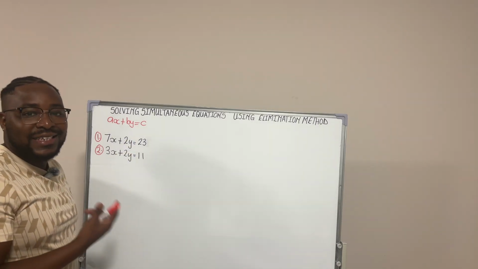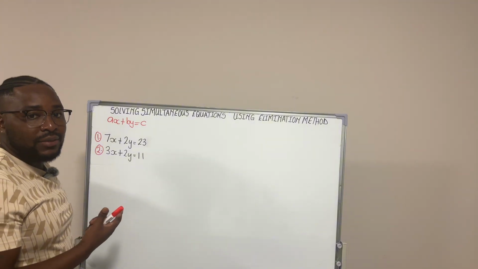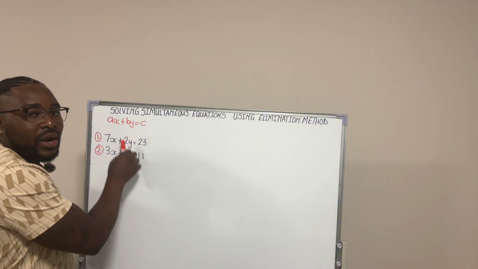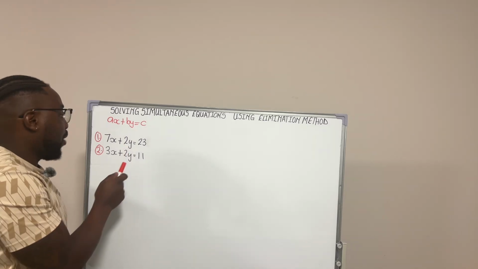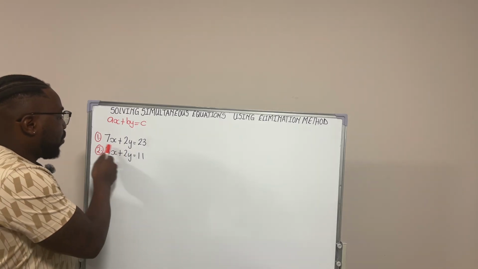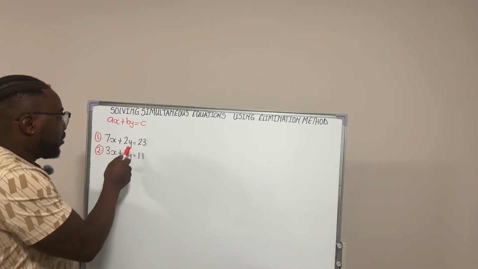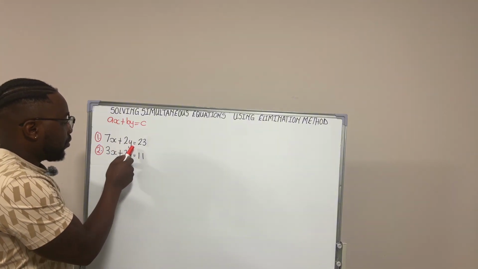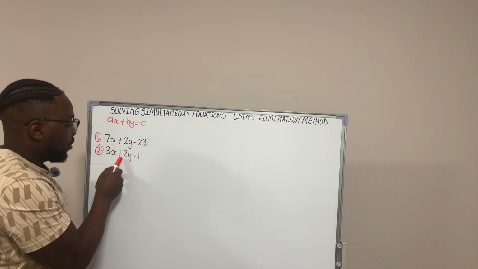So what does that tell us? That tells us that we can easily eliminate what? The y variable, right? Okay, now in our equation 1, it's positive 2y, and in our equation 2, it's also what?